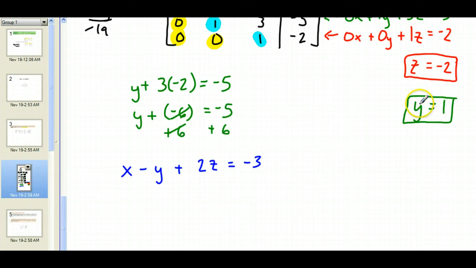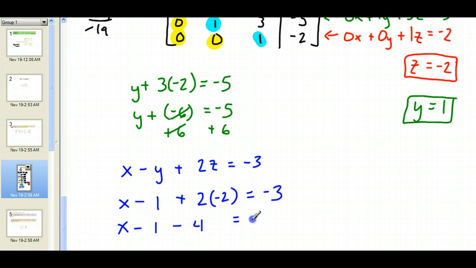We know what z and y are, so x minus 1 plus 2 times negative 2, and all that set equal to negative 3. Hold on to this minus 1 for now. 2 times negative 2 is negative 4. Negative 1 minus 4 more is negative 5. Then add 5 to both sides, and we end up with x is equal to 2.